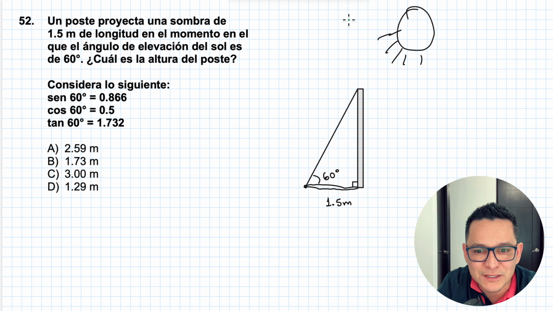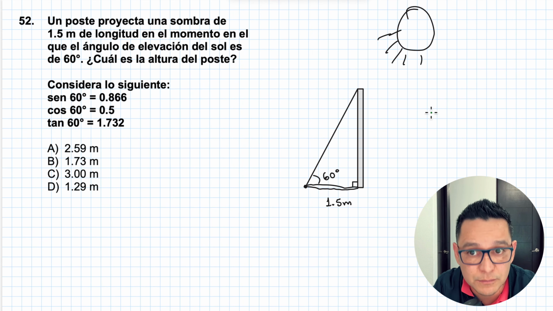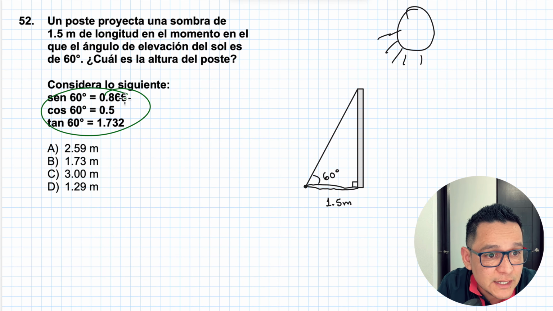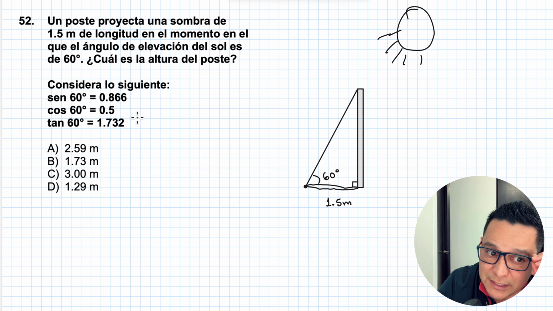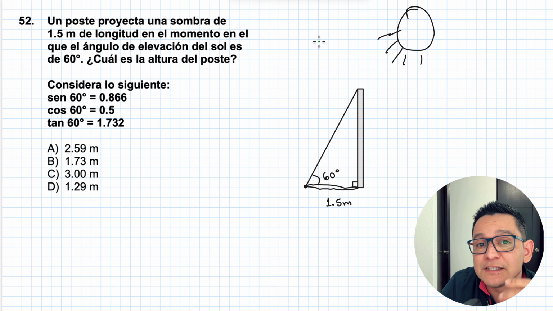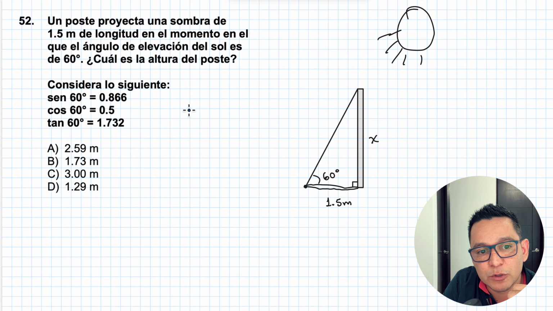In this case, an angle theta is defined as the quotient between the opposite side over the adjacent side.